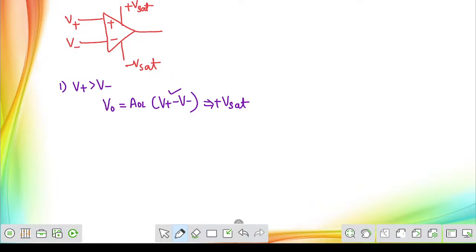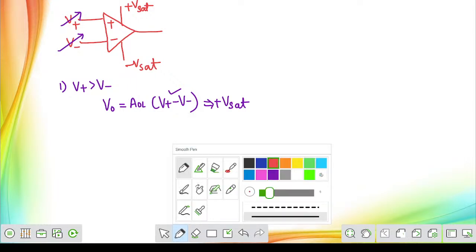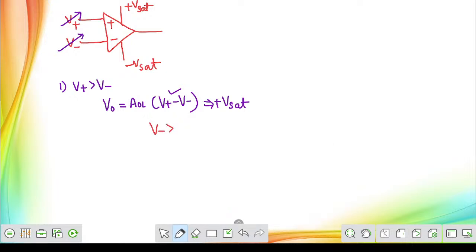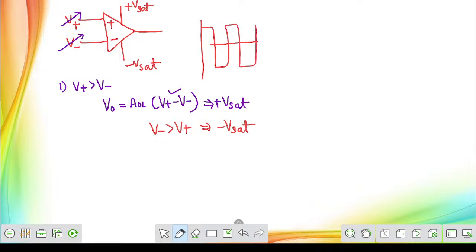Since the input quantities are variable, you can apply a sinusoidal voltage or something else. If during this variation V minus becomes greater than V plus, then the output voltage will shift to minus Vsat. So the output voltage constantly floats between plus Vsat and minus Vsat. That is the comparator output.